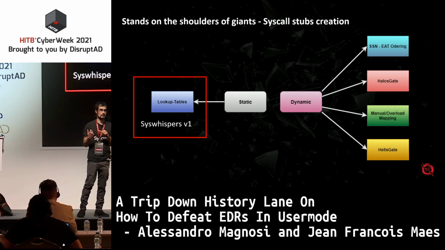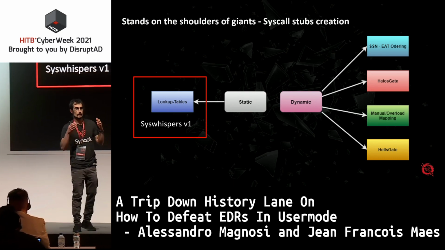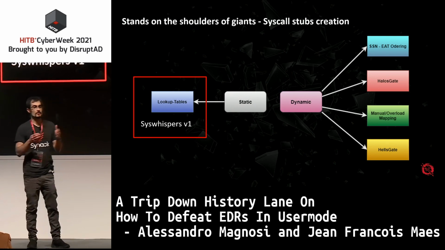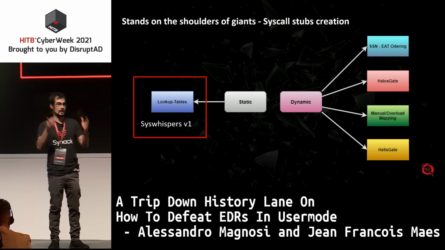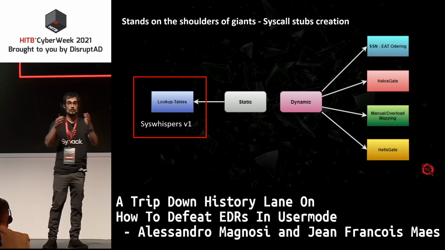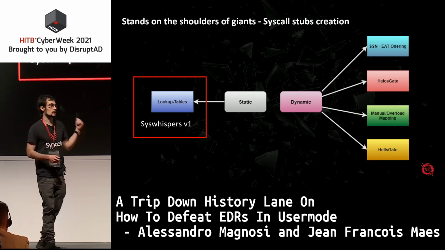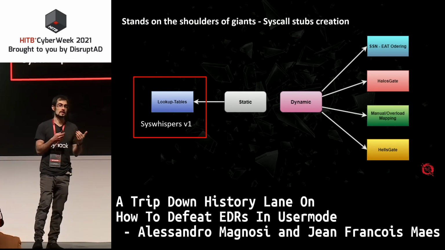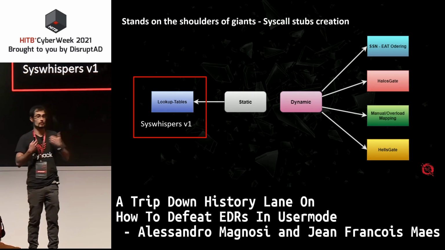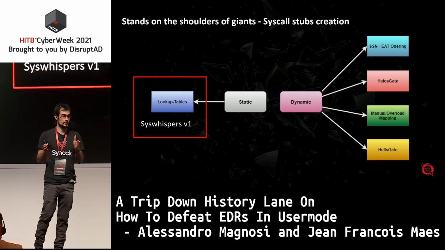As John said before, every Windows version or build has different syscall numbers. So Jorge did an incredible work of mapping all these syscall numbers throughout all the Windows builds, and SysWhispers version 1 uses these lookup tables to build the syscall stub for us, given a Windows build.